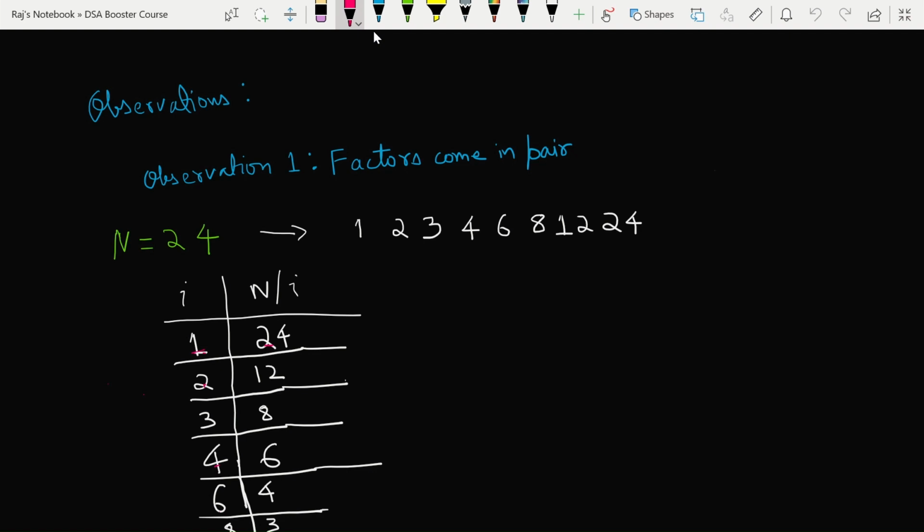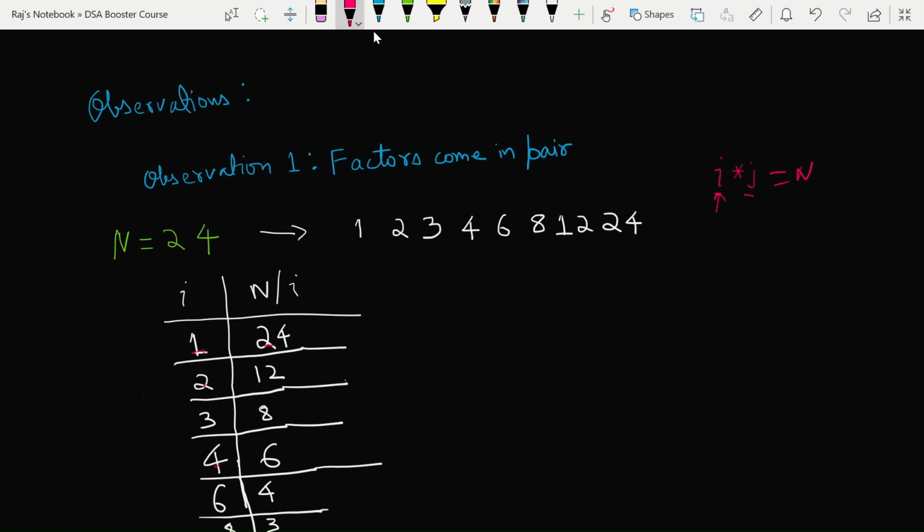So whenever you check any number I, whether it is a factor of n or not, and if it comes out to be a factor of n, then there is another number j also, with which I would be multiplied to make it equal to n. So if I is a factor of n, then there is another number j also, which is a factor of n. At this point we are only incrementing our count by 1 because we see that I is a factor of n.